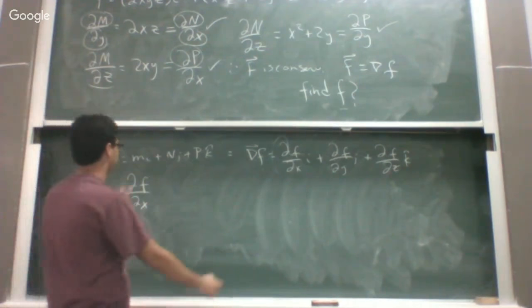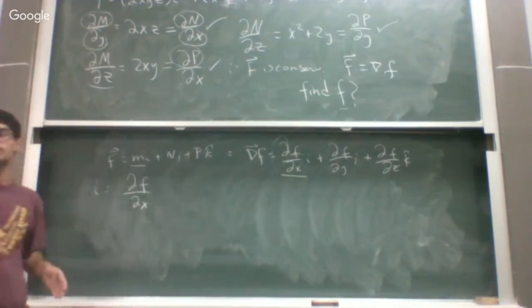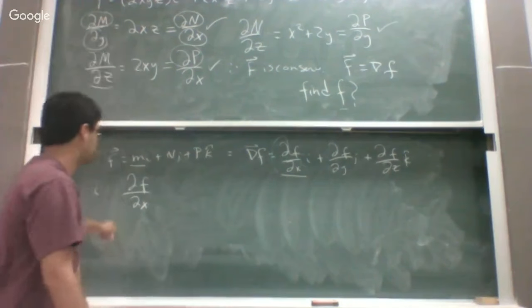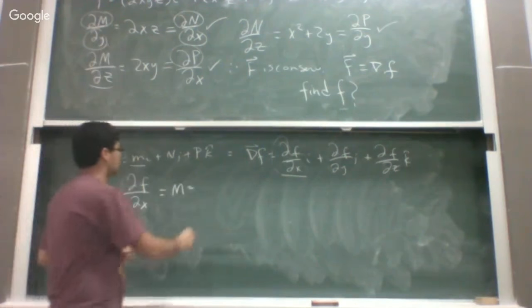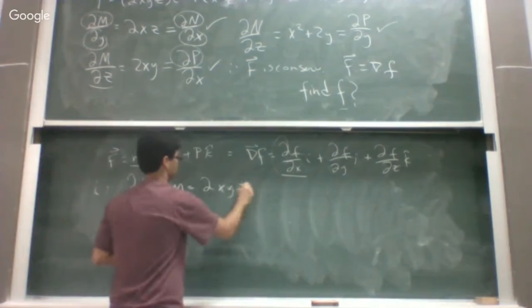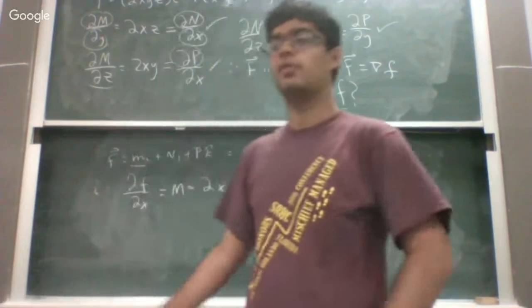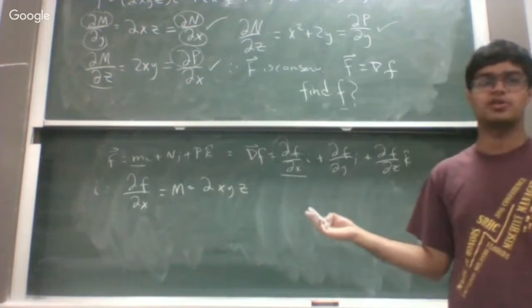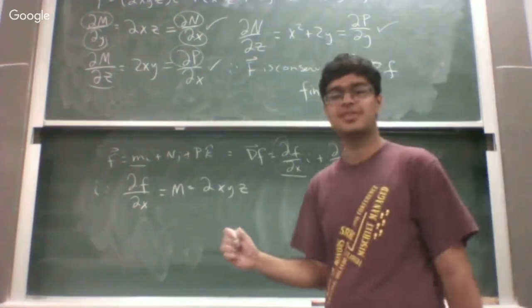That is equal to the m of the vector, which is equal to 2xyz. So now we have a partial. What's the opposite of a partial derivative or a derivative? Integral. Right.